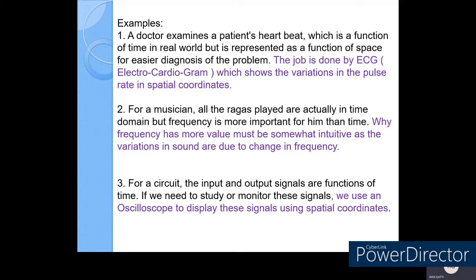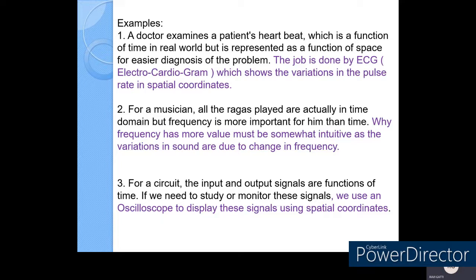For example, doctors who want to analyze the pulse rate of a human go for an ECG signal, the electrocardiogram. There we use the variations of the pulse rate with respect to spatial coordinates. The given signal is represented in terms of spatial coordinates so that we are able to see the variations in the pulse rate of the human being. This is how we use transformations in the medical field.